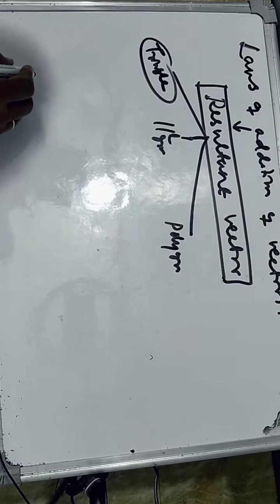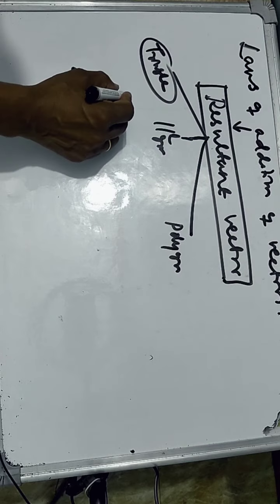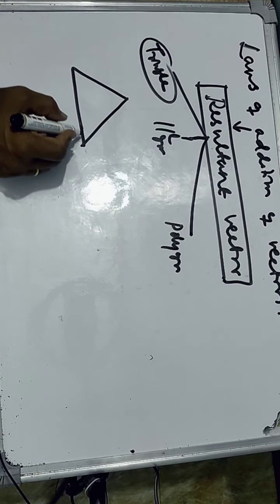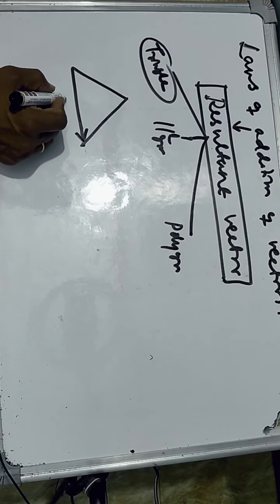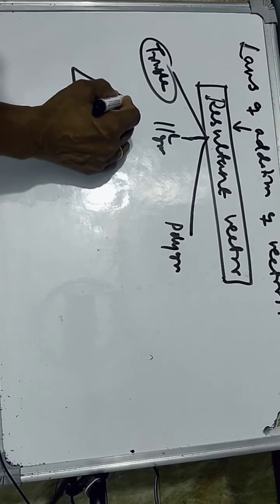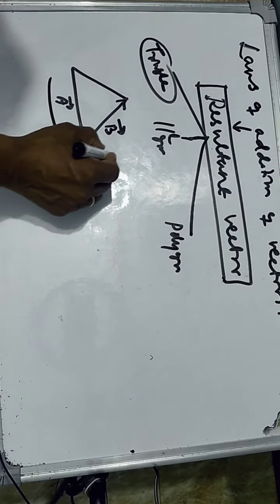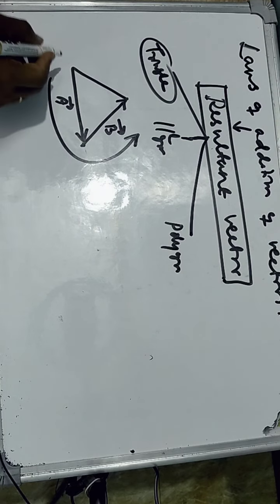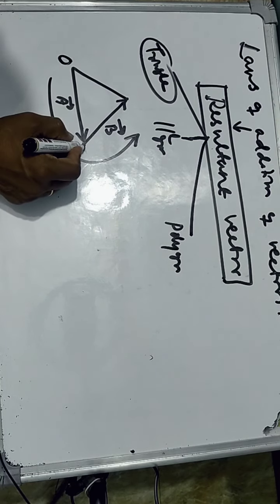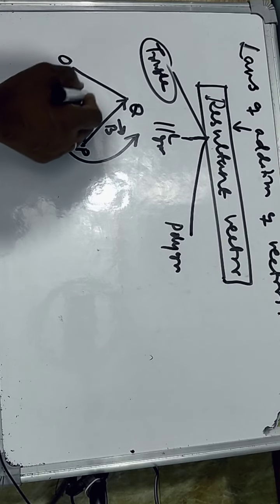In triangle law of addition, we say if two vectors represent two sides of a triangle in order, then the leftover or third side of the triangle in opposite order represents the resultant.